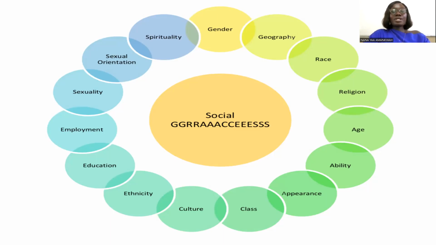Now, when you look at them critically, you notice that every one of these areas affects an individual's life. Your gender, your geography, in terms of geography, where you grew up, in terms of your race, whether you are black or white, in terms of your religion, whatever religious beliefs you have, your age, your abilities, all these things come together to affect your person.